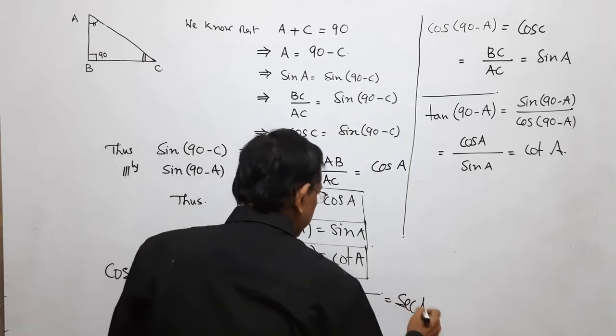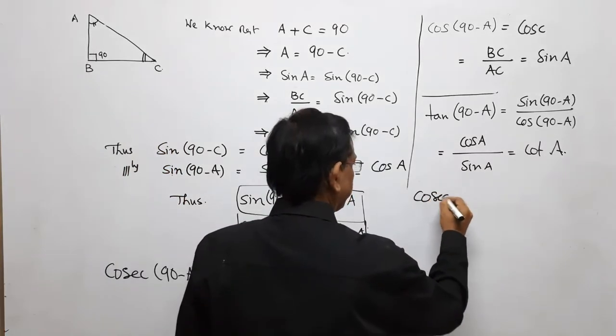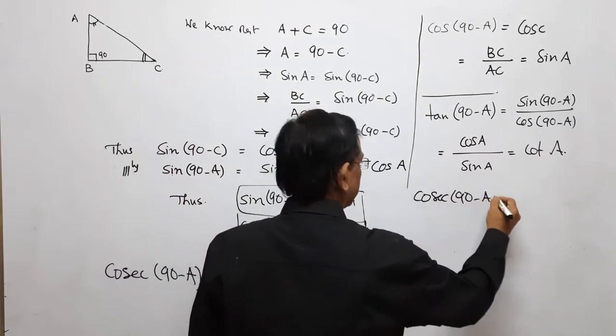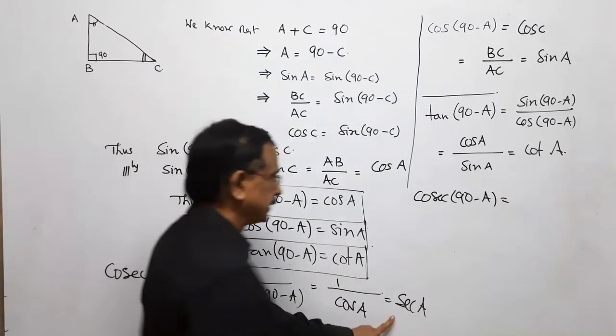Secant A. So I have a formula: cosecant of 90 minus A is equal to secant A.